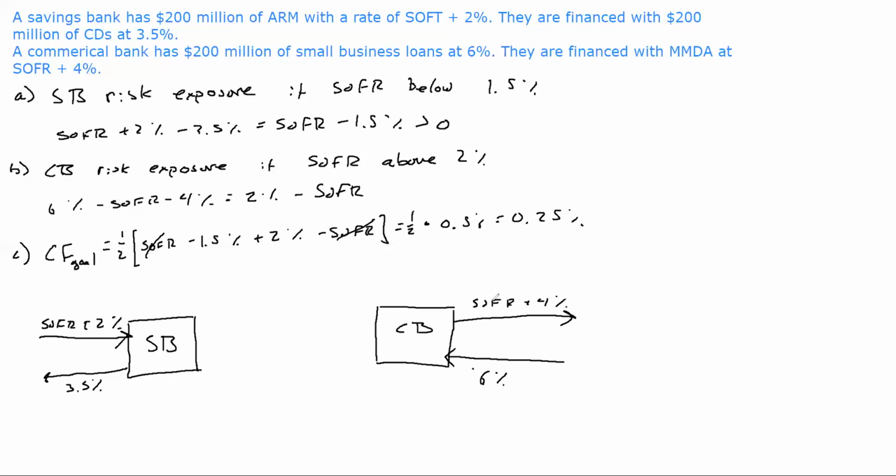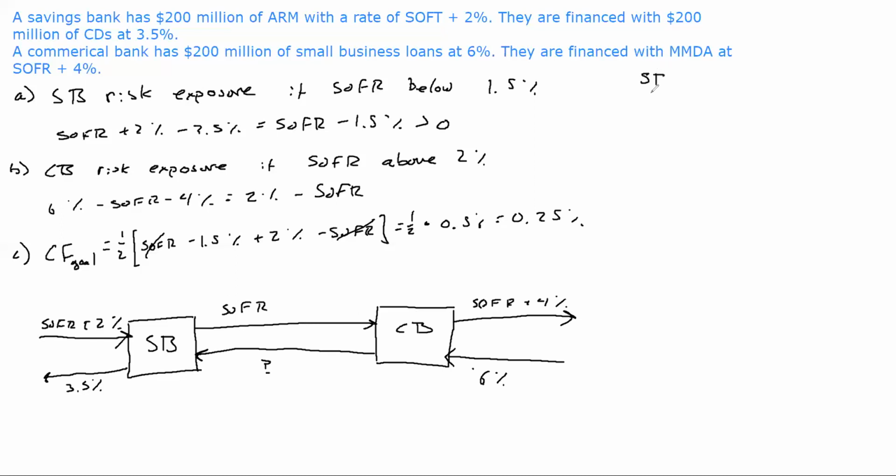So these are deposits. The commercial bank is going to owe those deposits. It's a liability. In order for this interest rate swap to work out, the savings bank is going to have to pay the overnight financing rate to the commercial bank. The commercial bank is going to have to pay some amount to the savings bank in order for it to work out. So now we want to find what that amount would be.